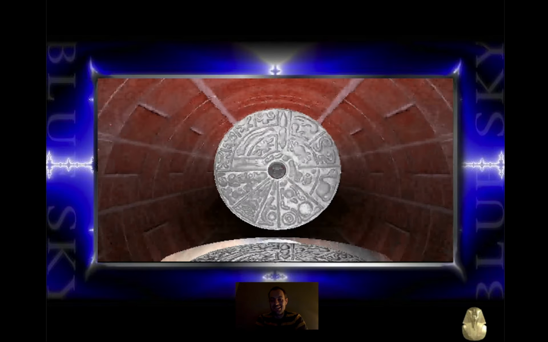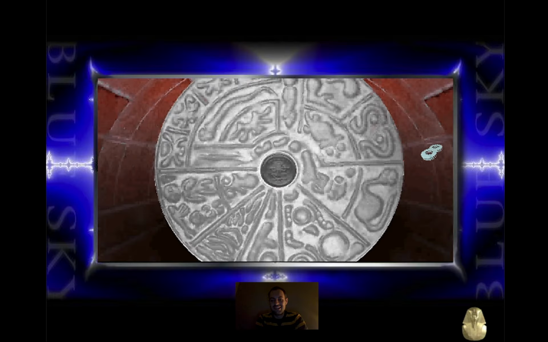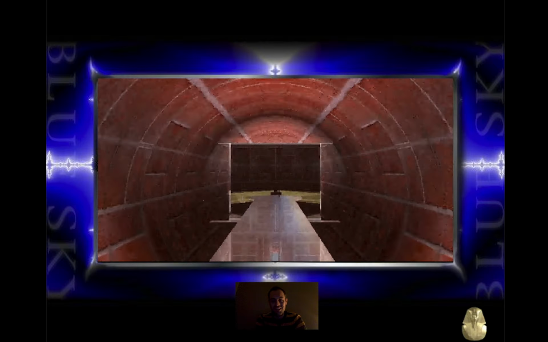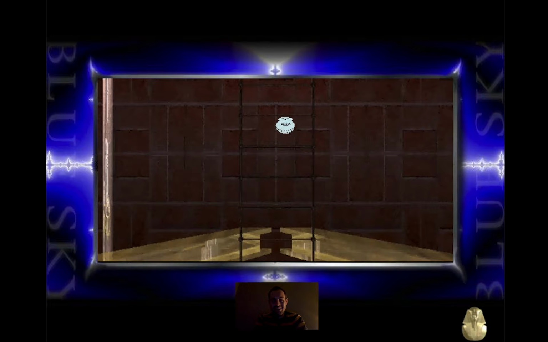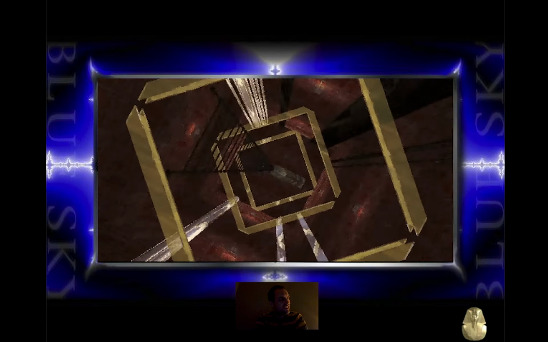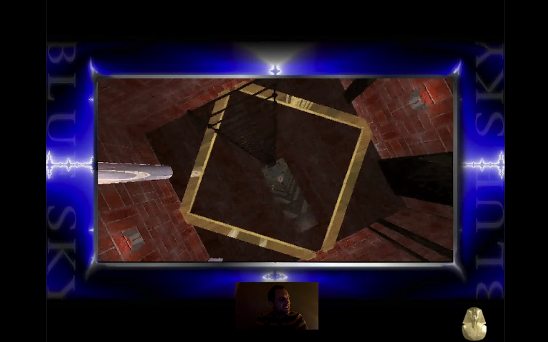Like, look at this. I love how the motion is scored with a whoosh. I seriously do love the sound. It implies like anti-grav tech, you know?